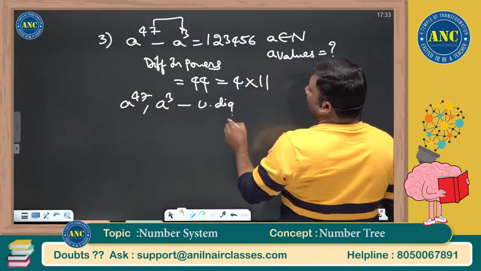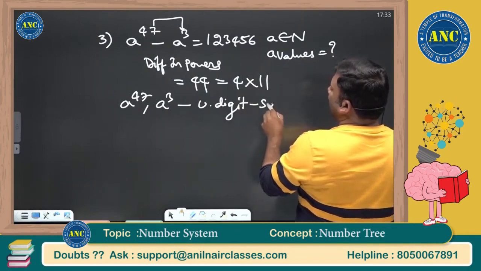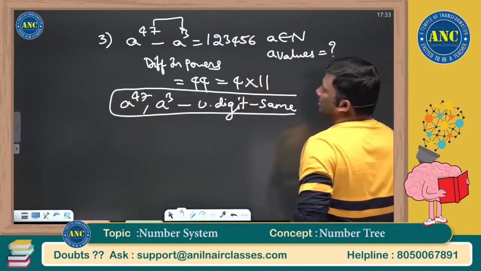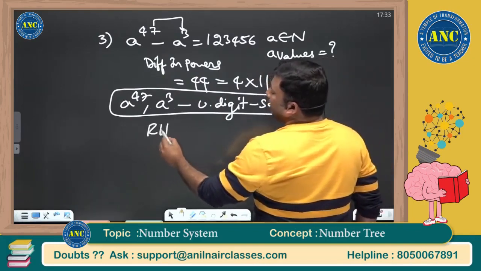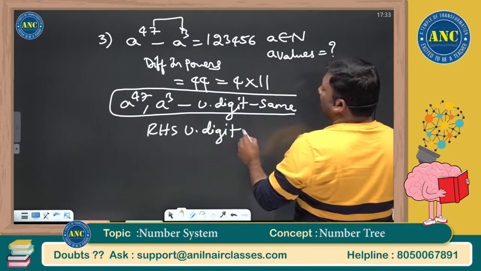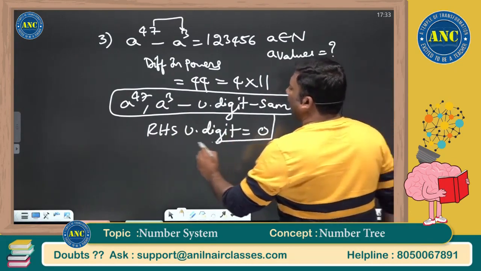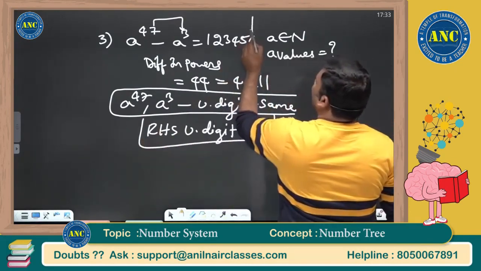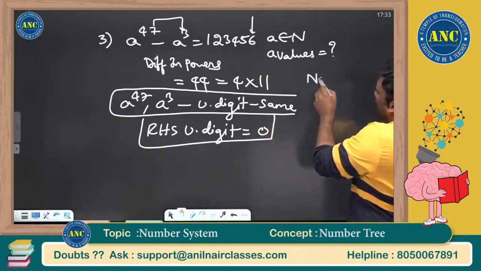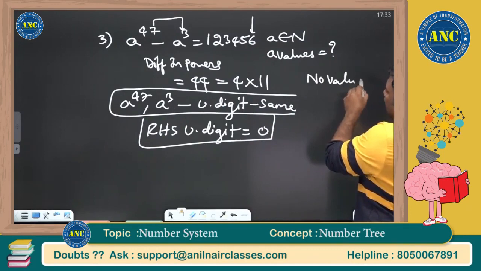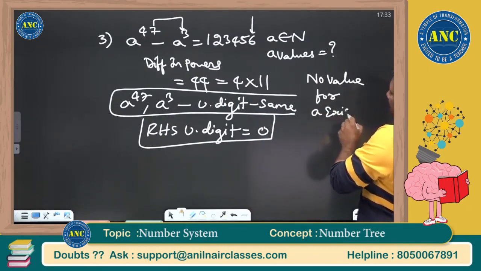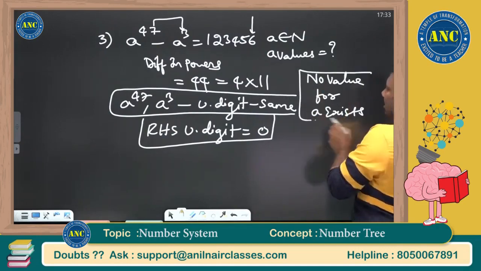If the unit digits are the same, the RHS unit digit will be 0. But according to the question, the RHS unit digit is 6. So the answer is: no value for A satisfies this equation.